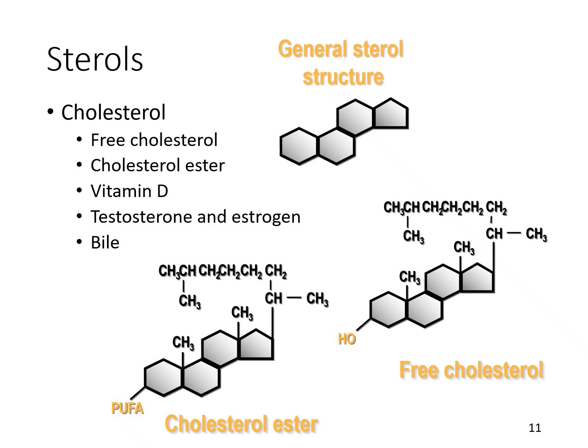So cholesterol esters versus free cholesterol. You see that there's a little bit of a difference there in that this cholesterol ester is bound to a polyunsaturated fatty acid right here. You can't see the entire polyunsaturated fatty acid, but imagine that we've got a carboxylic group, a bunch of carbons, and then at the very end a methyl group, and there are some double bonds because we know it's polyunsaturated.